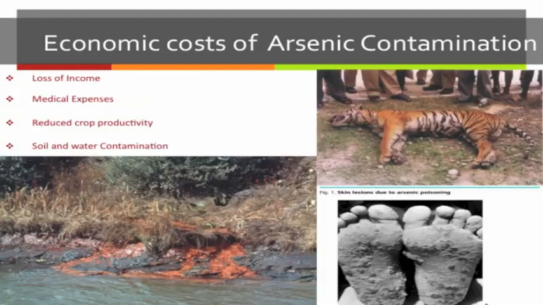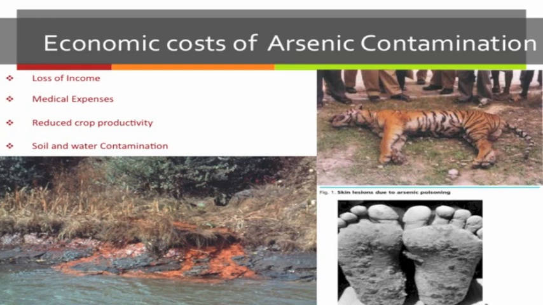Economic costs of arsenic contamination. At high dosage, arsenic disrupts the fundamental functioning of cells in numerous organs. There are great concerns about the effects of arsenic on health, chiefly the presence of arsenic in drinking water and also indirect exposure to arsenic.